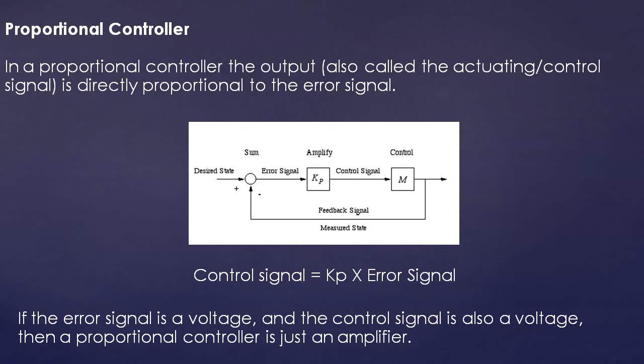In the figure you can see the construction of the proportional controller. Control signal equals Kp multiplied by error signal.